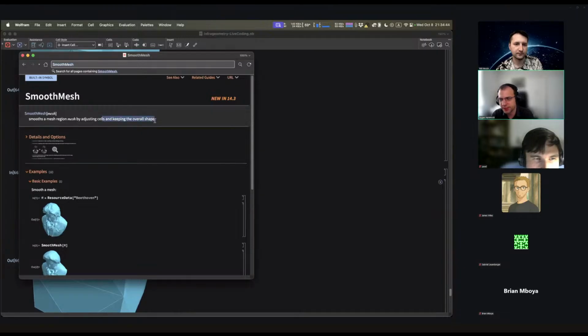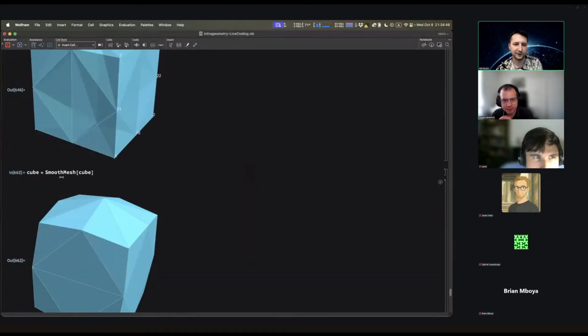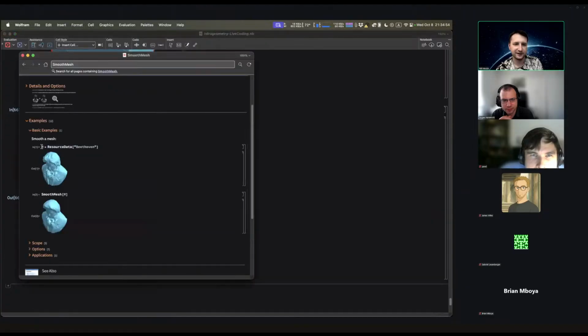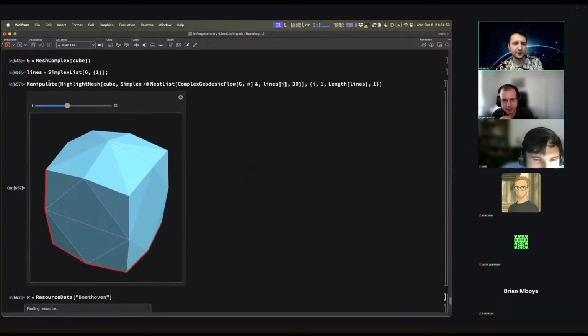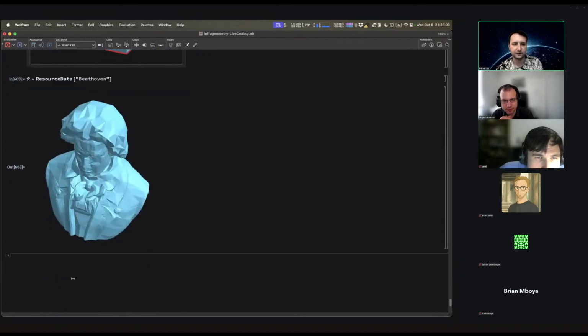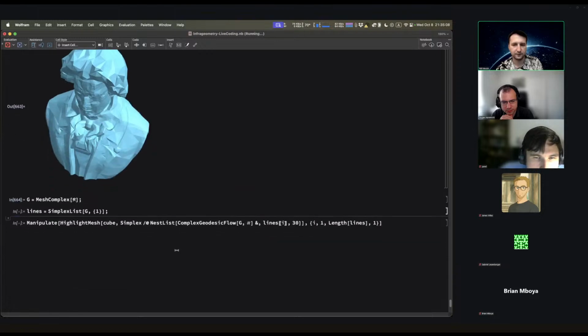We could try the Beethoven statue. Well, let's try Bitcoin. Okay. No, not cube. Not cube.